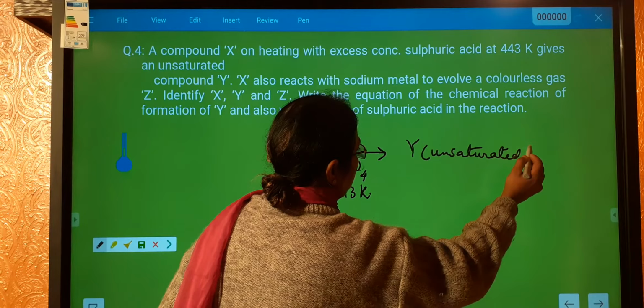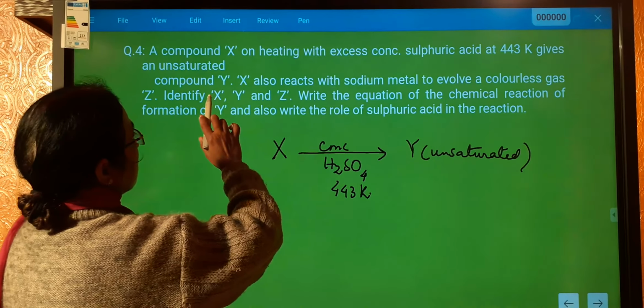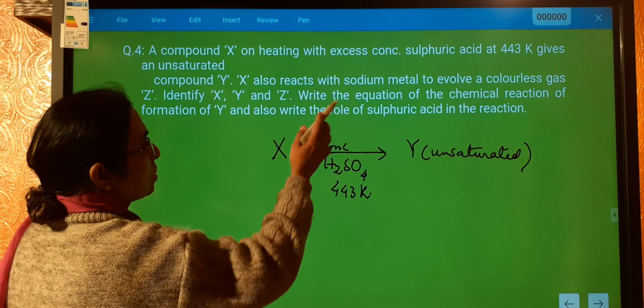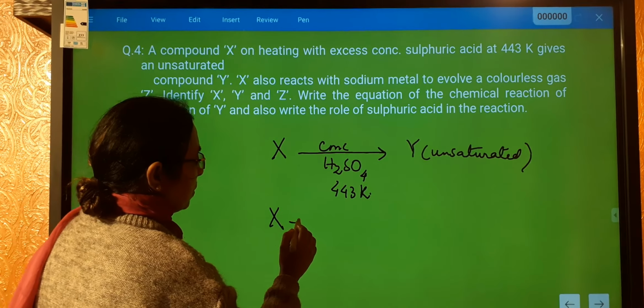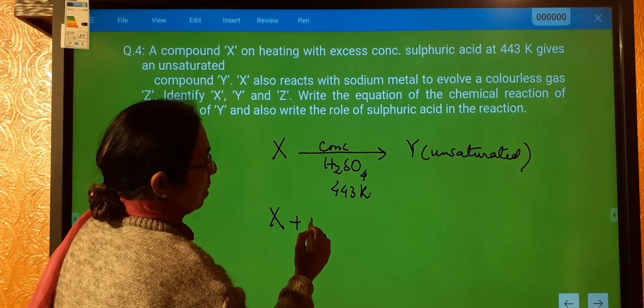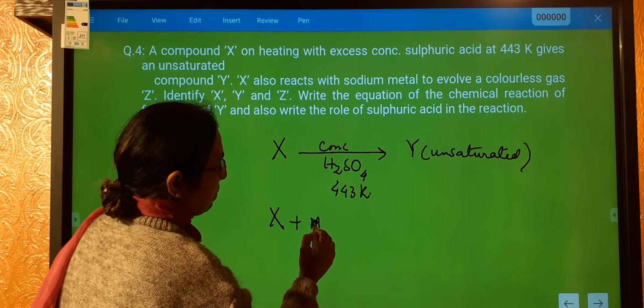So what can this compound be? Unsaturated compound Y. X also reacts with sodium metal.